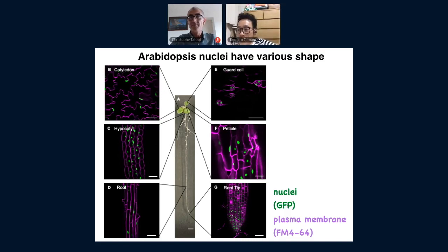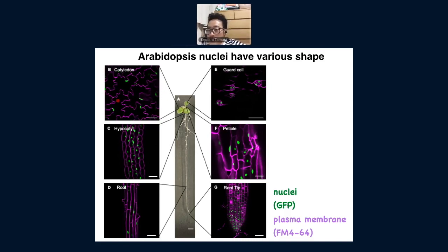As you might know, plant nuclei have various shapes dependent on tissues. If you have a look at Arabidopsis seedlings, you would see many types of nuclear and cellular shape. For example, in epidermal cells of cotyledon, nuclei have a spindle-like shape in the puzzle-shaped cells. On the contrary, in guard cells, nuclei are smaller and more spherical than in epidermal cells.